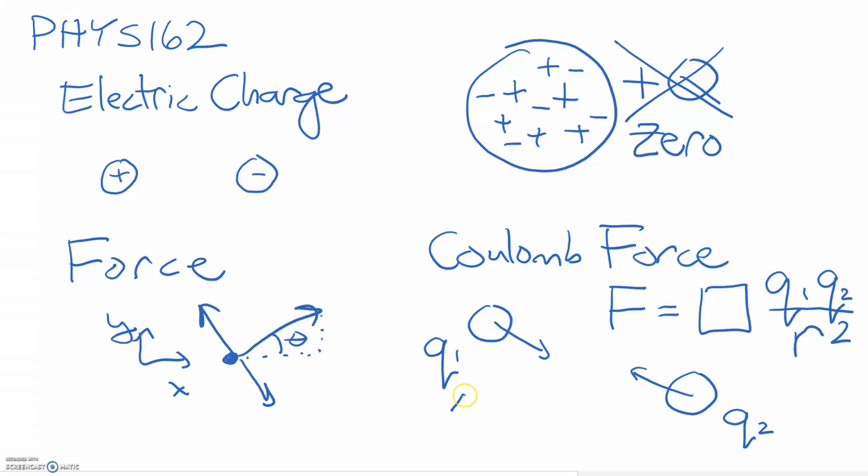So the distance between their centers here is R. And that's pretty much it. So the magnitude of the force is the product of their charges, and it's inversely proportional to the distance between them squared. Okay, so far so good.